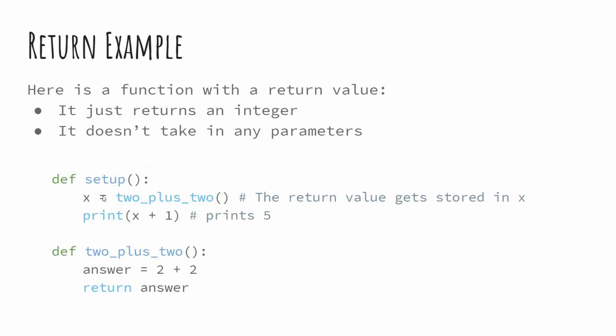Suppose over here you have x that has the function 2_plus_2, and we're printing x plus 1. So 2_plus_2 is basically calculating the answer over here, which is 2 plus 2. So we are returning this answer.